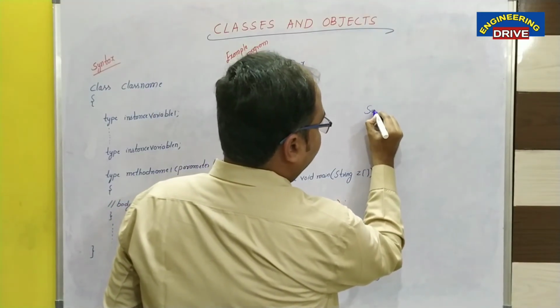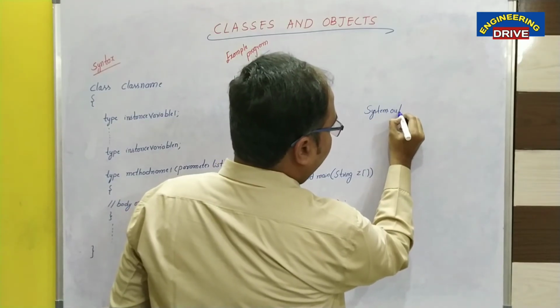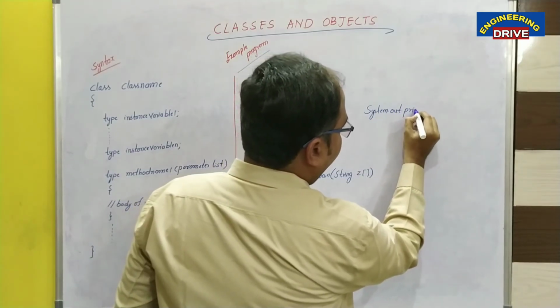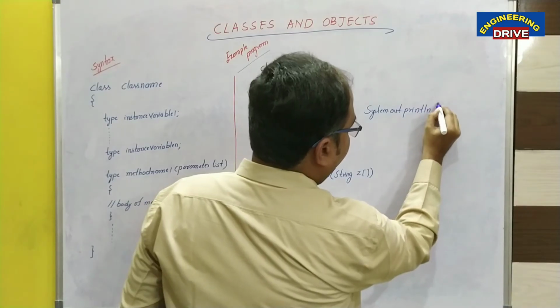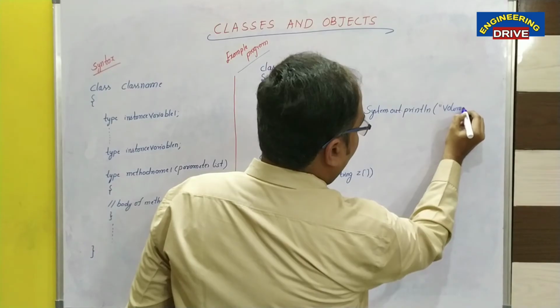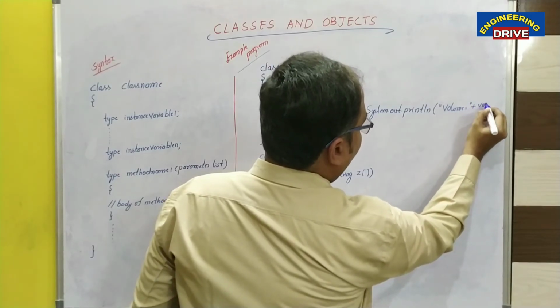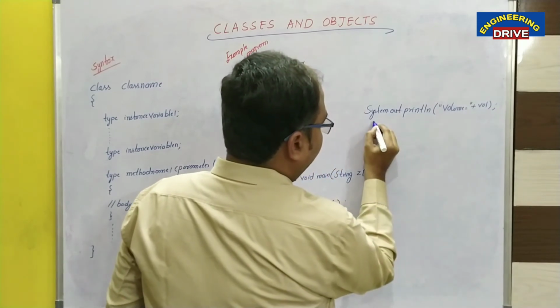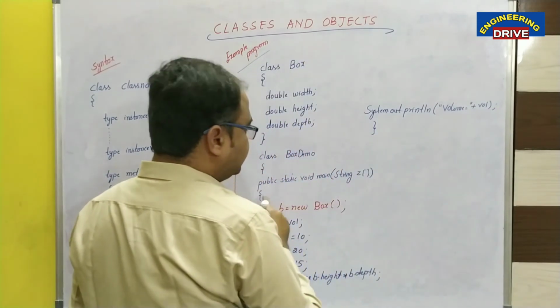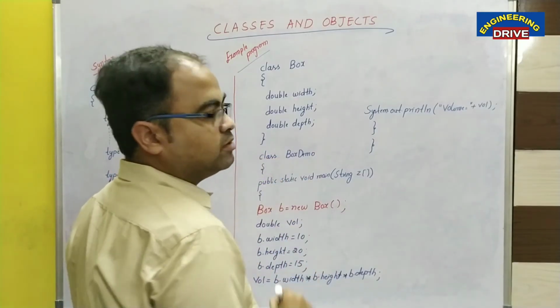Now in order to display the output, we will make use of the function System.out.println, volume is equal to plus VOL, and close the public static void main method and close this class, BoxDemo class.